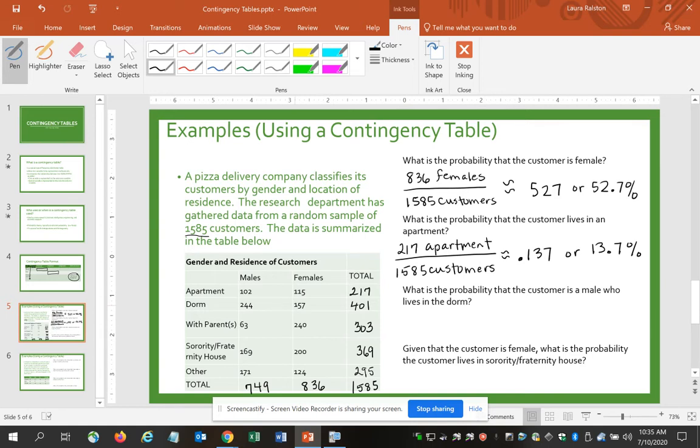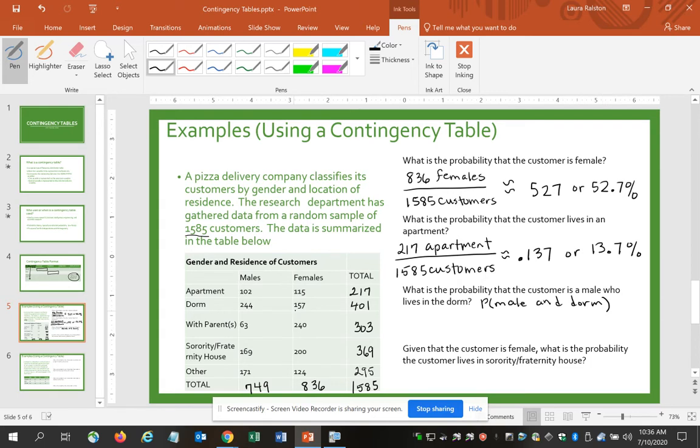Okay, the next one is a little bit different because notice it says, what is the probability the customer is a male who lives in the dorm? Another way to say this would be the probability that it's a male and lives in the dorm.